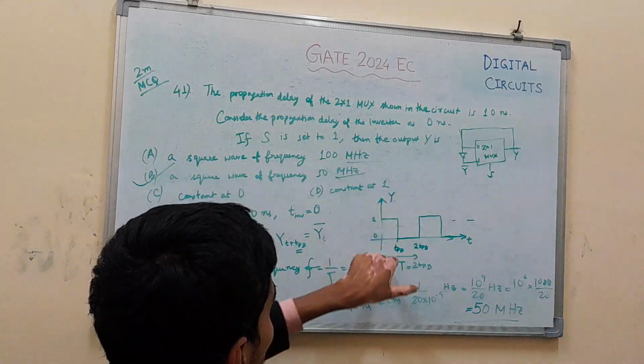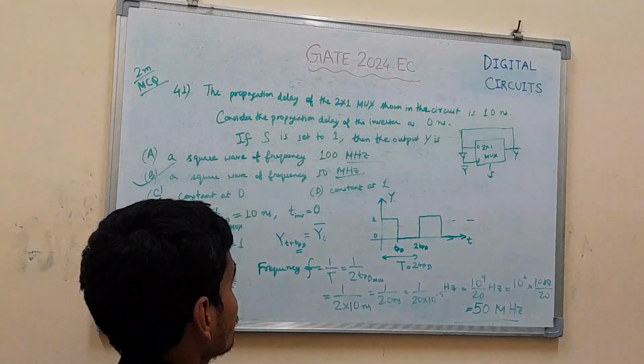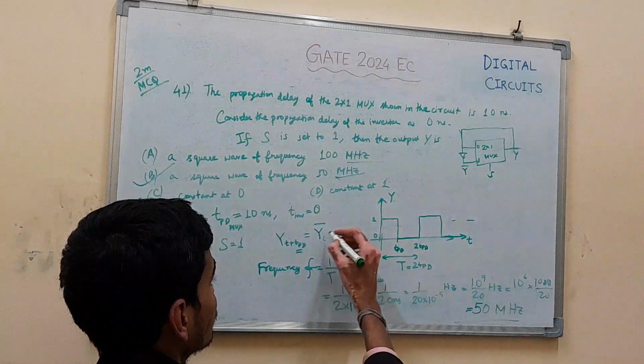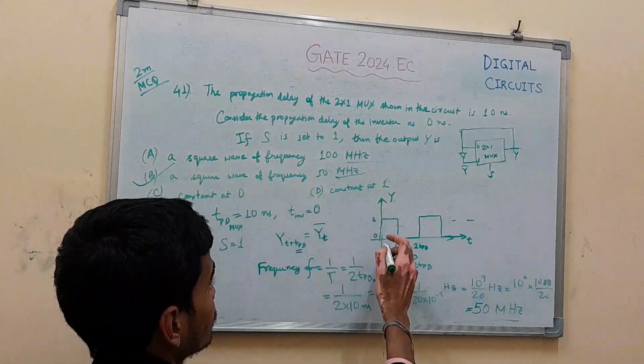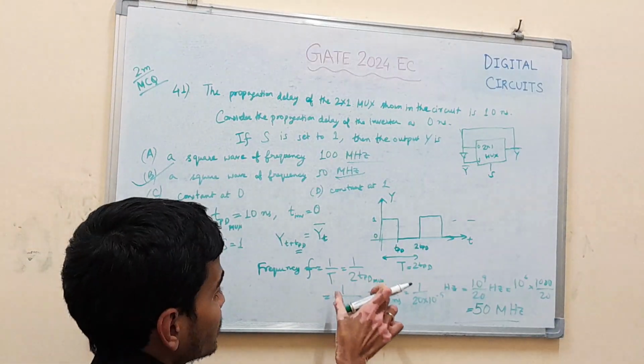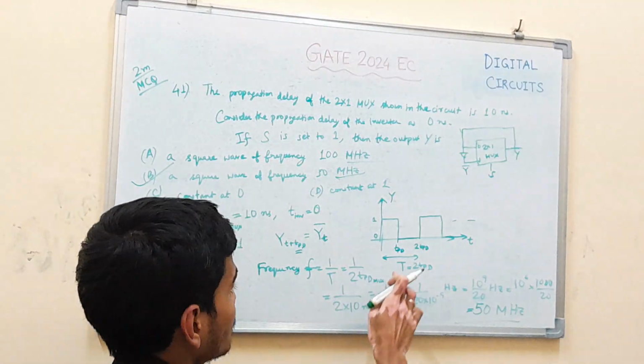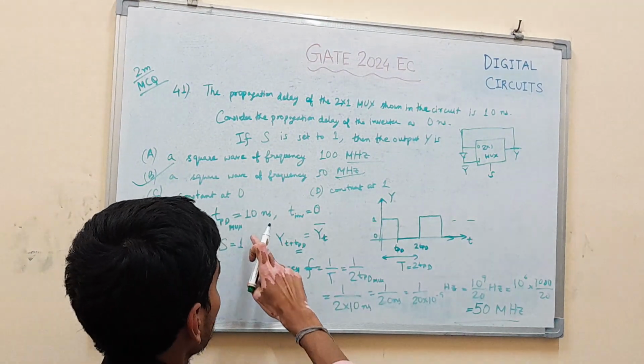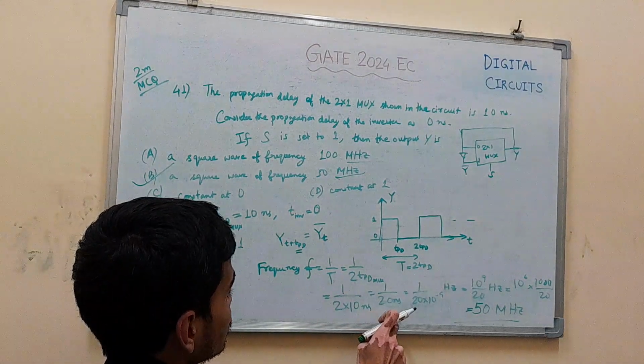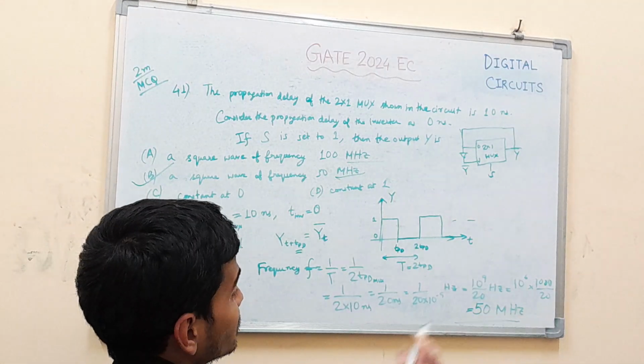Based on this we can draw the waveform of the output Y, and from the waveform we calculate the frequency by taking the reciprocal of the time period, which is twice the propagation delay of the mux, 20 nanoseconds, giving 50 megahertz.